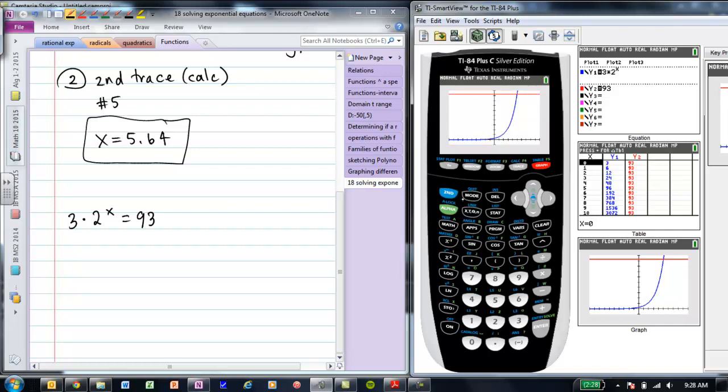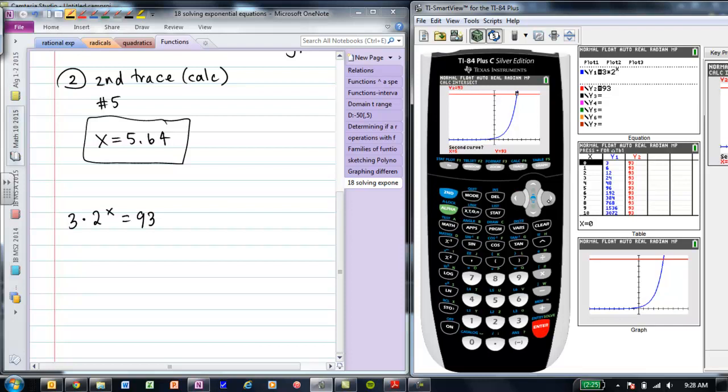To solve it, I'm going to go second, trace. I want the intersection, that's 5, so I choose 5. I move my cursor along the curve until I get close to the intersection point. Too far, so we'll call that enter.